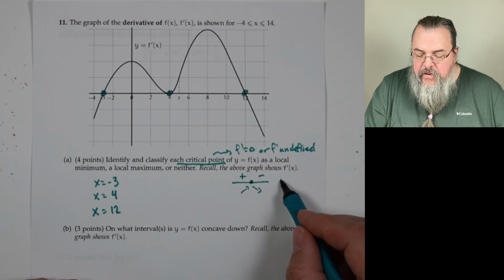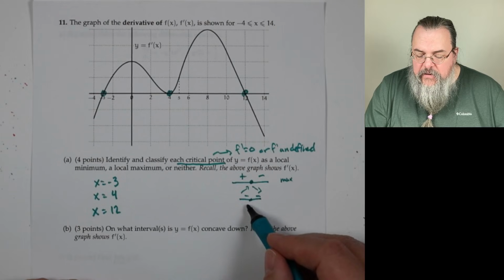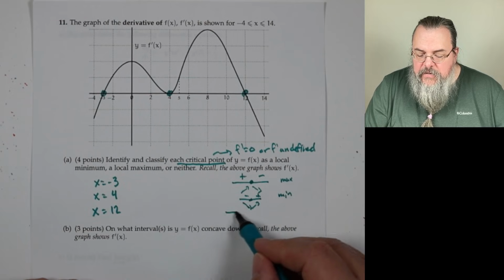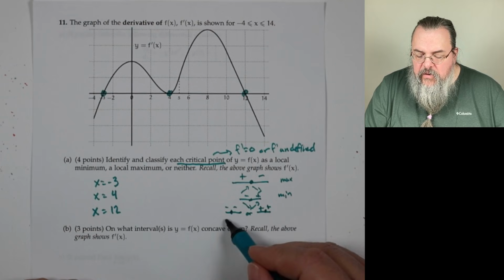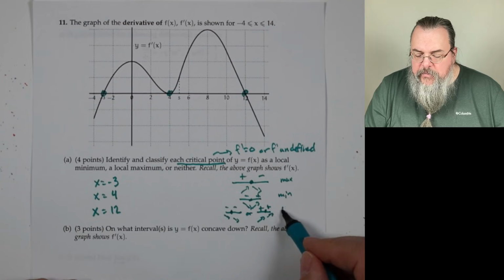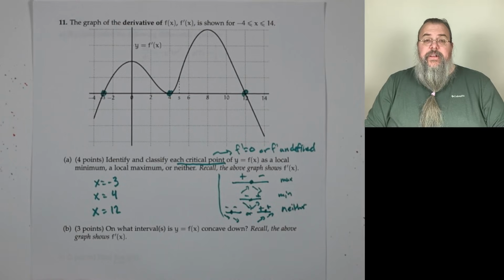So then you have a local max. If you have negative, positive, down, up, you have a min. And if you have minus, minus, or plus, plus, right? So minus, minus, we go down, down, plus, plus, we go up, up. It's neither. So that's the first derivative test.